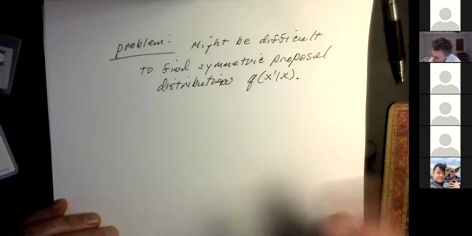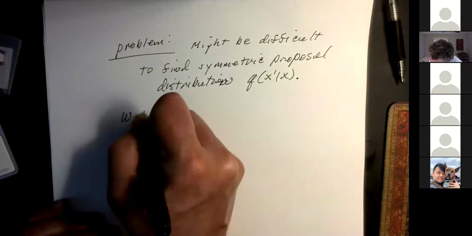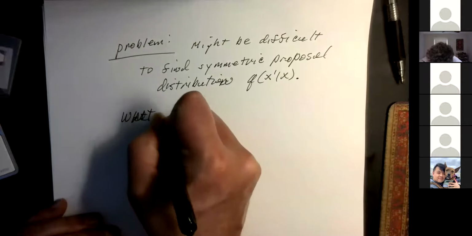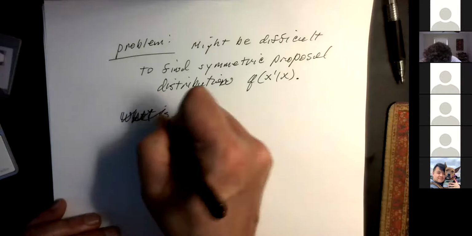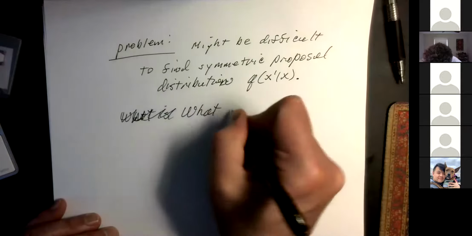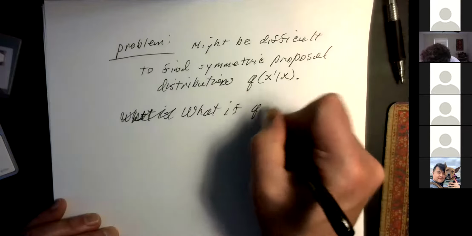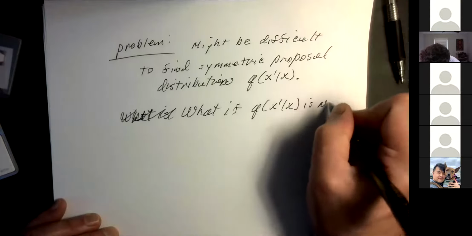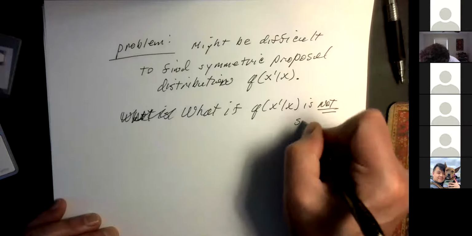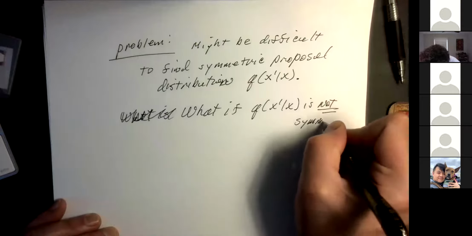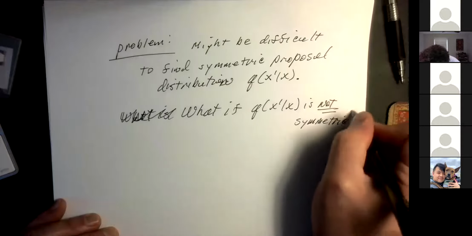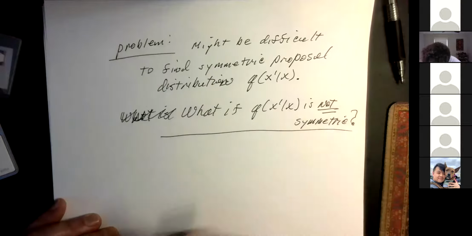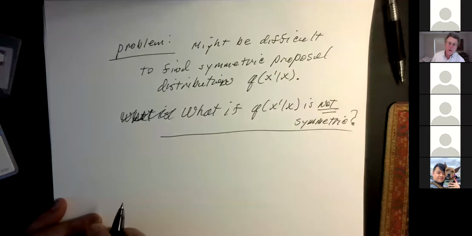So what if Q of x prime given x is not symmetric? So what if it's not symmetric?